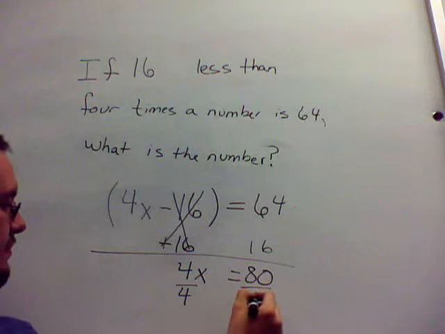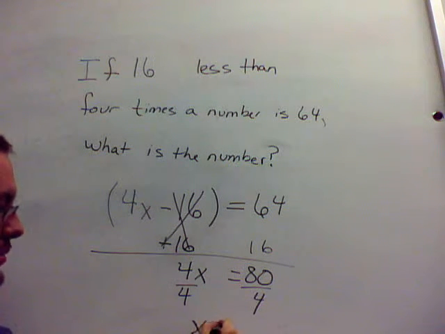Divide by 4, x equals 20. Kind of off the screen there a bit, but you get the idea. You can see it well enough. That was one of the problems from the quiz, word for word. So if you're able to get that, show all the work, that's full credit.